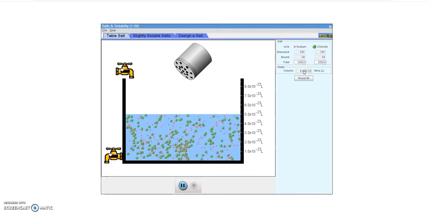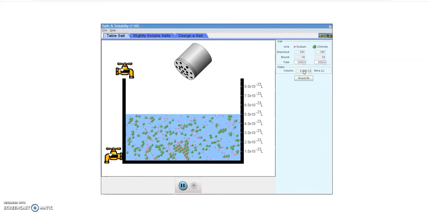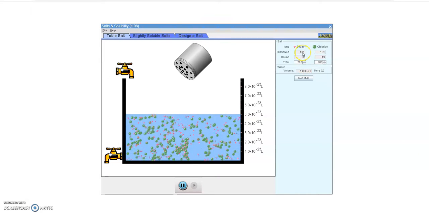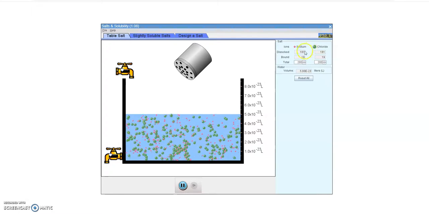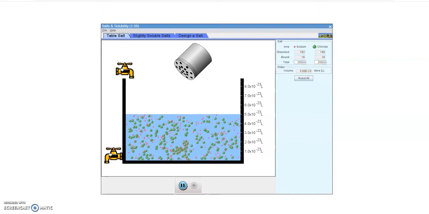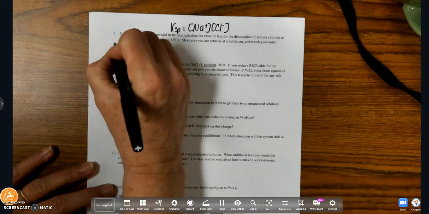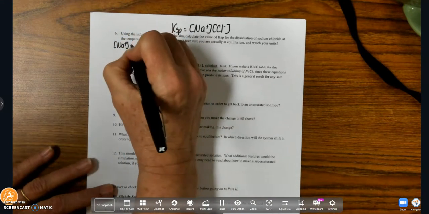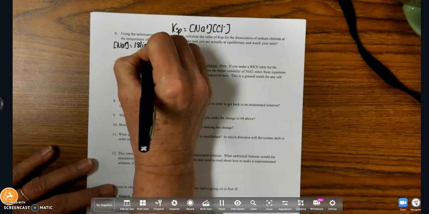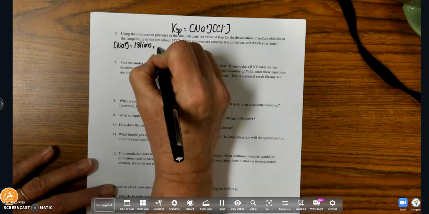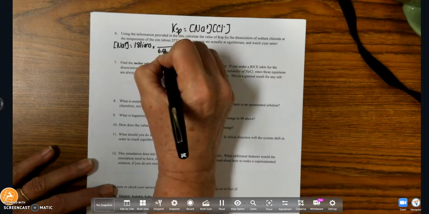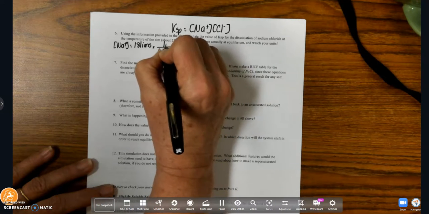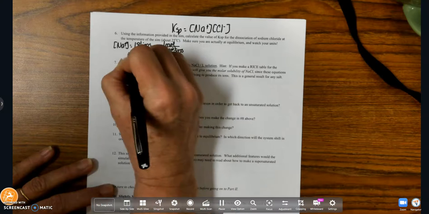Now, I don't want ions per liter. What we want is concentration, which is moles per liter. But I can convert ions to moles, and then I have moles per liter. So let's do that. For sodium, I have 181 ions, and we know that 6.02 times 10 to the 23rd ions is 1 mole.